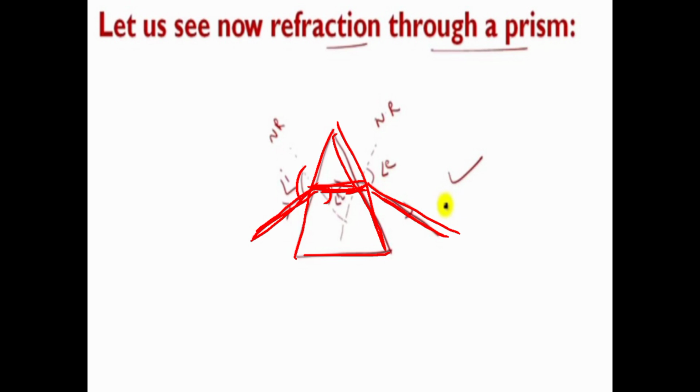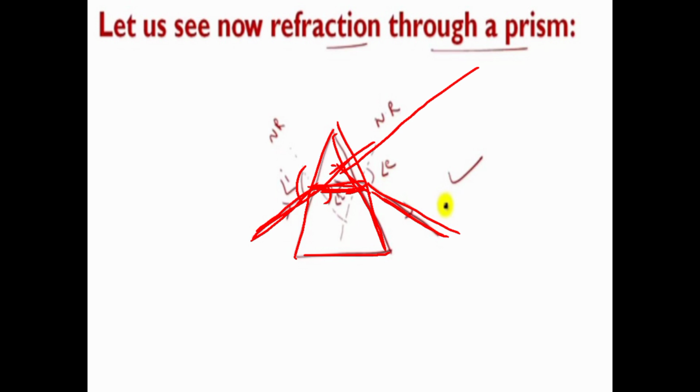Now the peculiar shape of the prism makes the emergent ray bend at an angle to the direction of the incident ray. What happens here? The angle of emergence. Then here these two rays meet, and from here the light ray goes in this direction as they meet here.